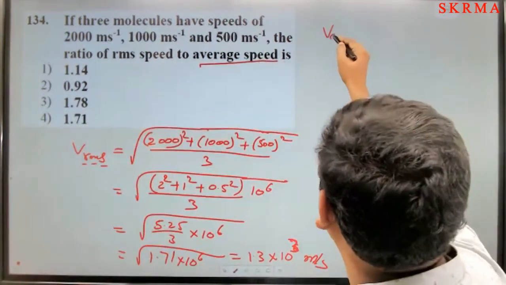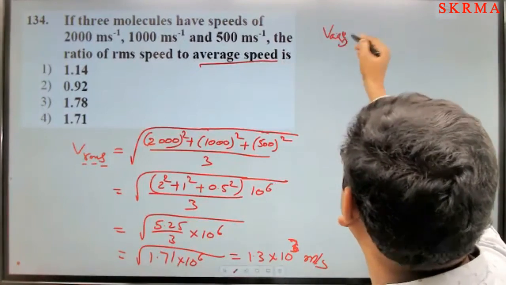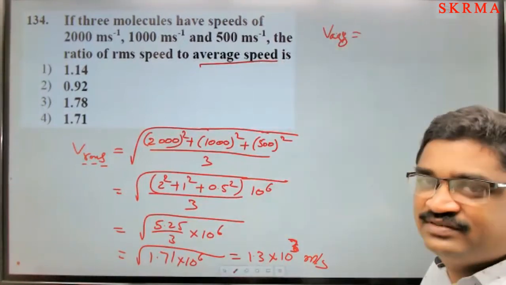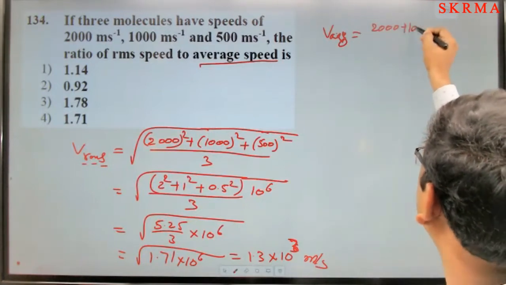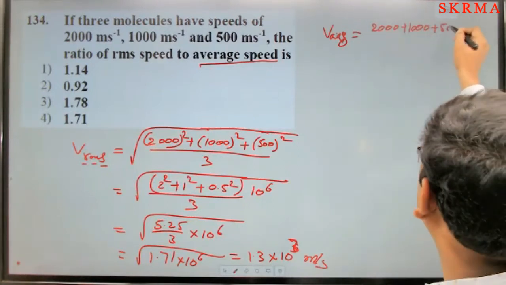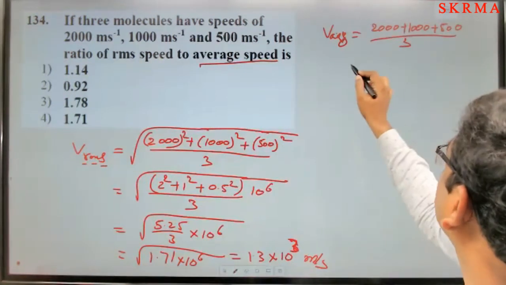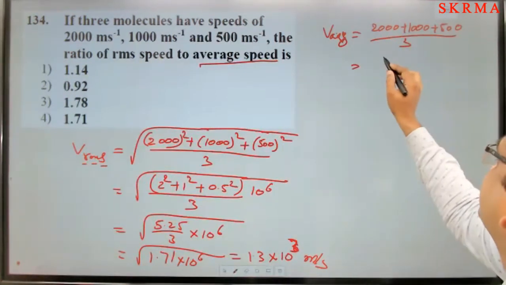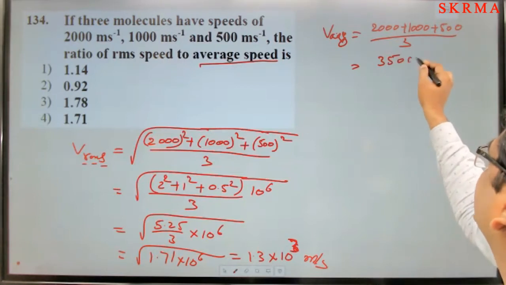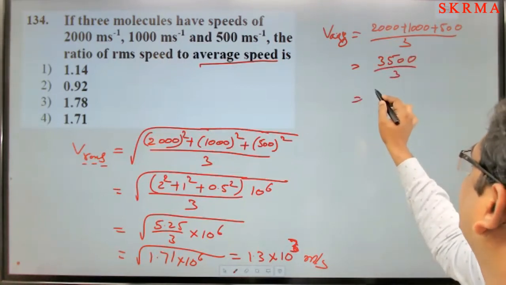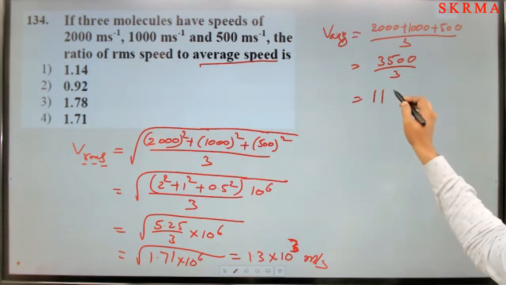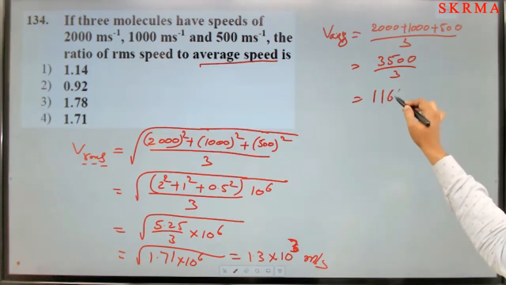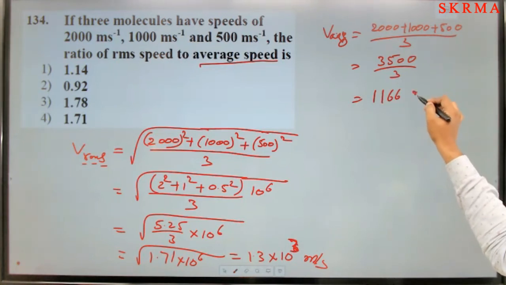Next, average speed. V average means V1 plus V2 plus V3 by 3. That means 2000 plus 1000 plus 500 by 3. So how much is it? 3500 by 3, that equals 1166 meter per second.